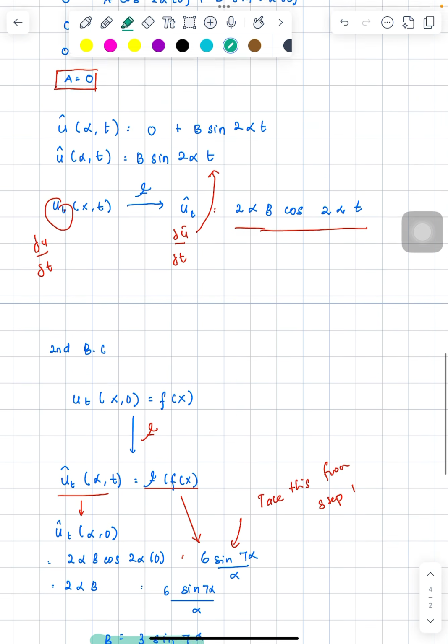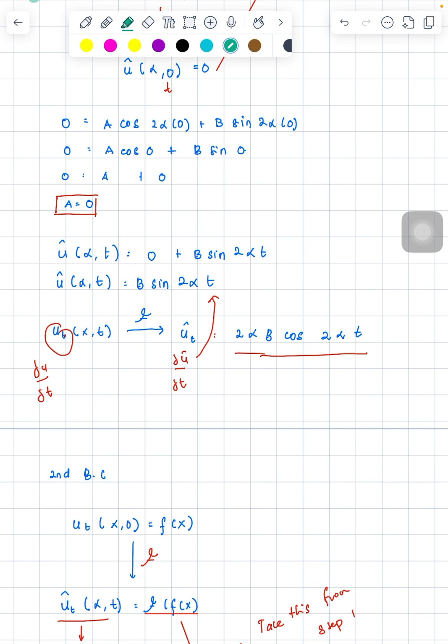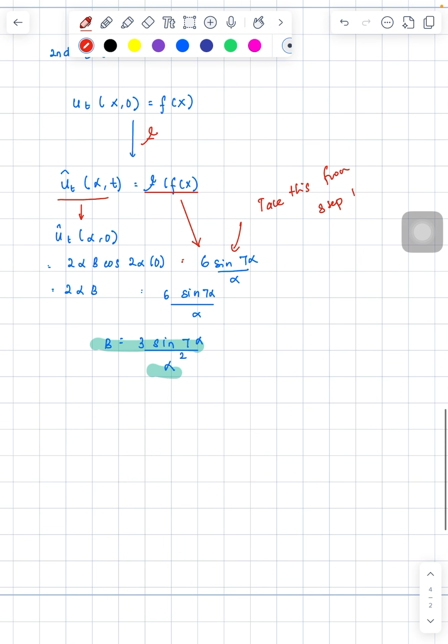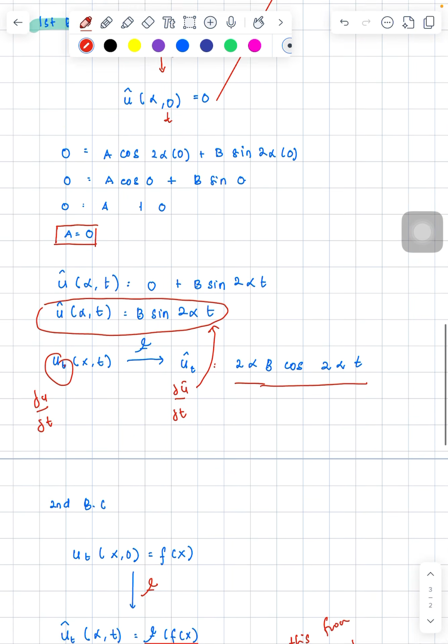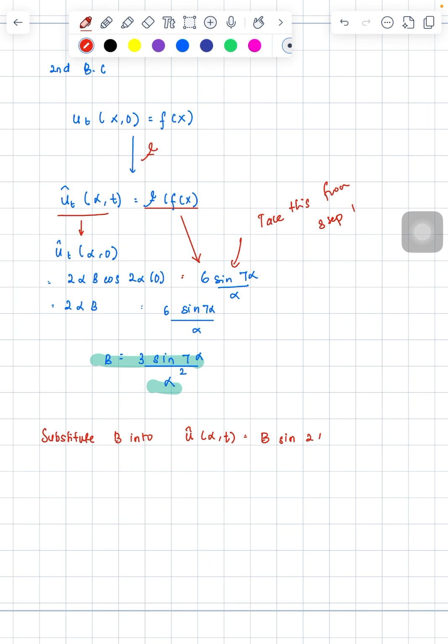Then we can substitute b into u hat(alpha, t), which equals b sine 2 alpha t.